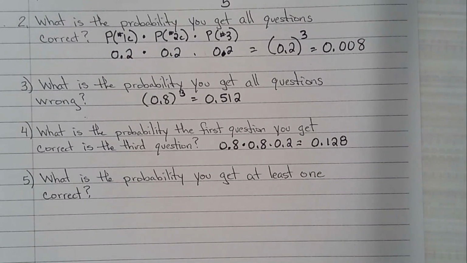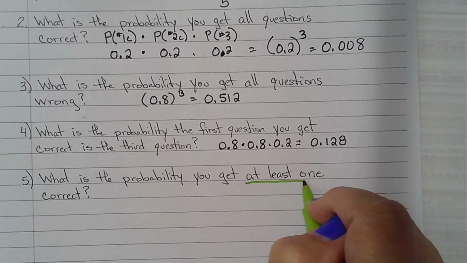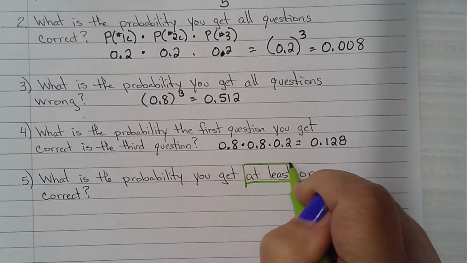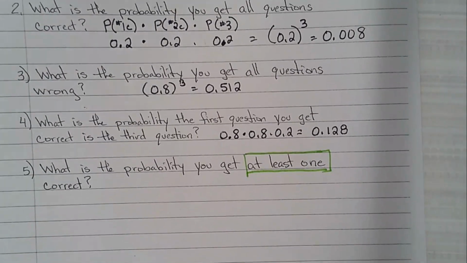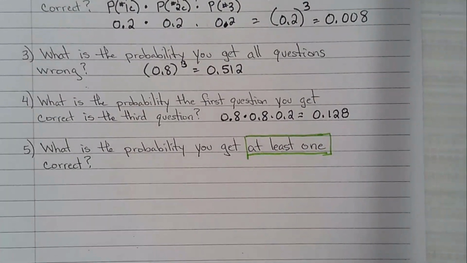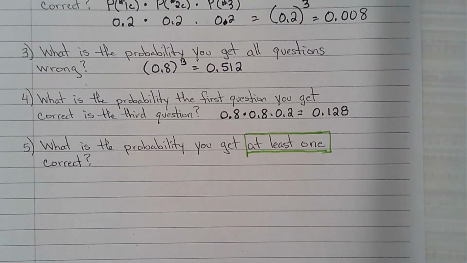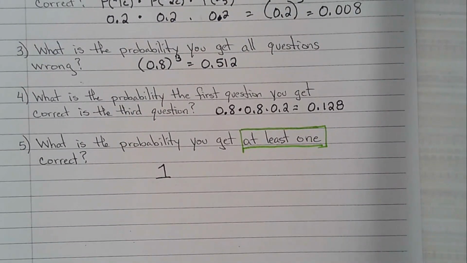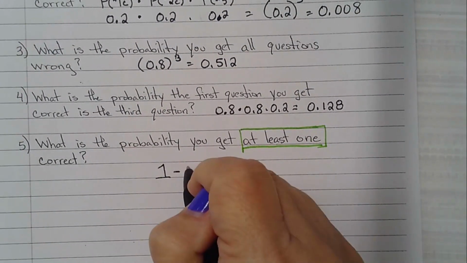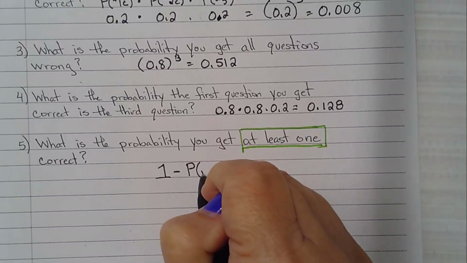All right, now question 5. What is the probability you get at least one correct? So you really have to be on the lookout for this phrase, at least one. And what we're going to calculate in order to find at least one correct is we're going to take 1, because that's the probability of everything, and we're going to subtract the probability of getting none correct.